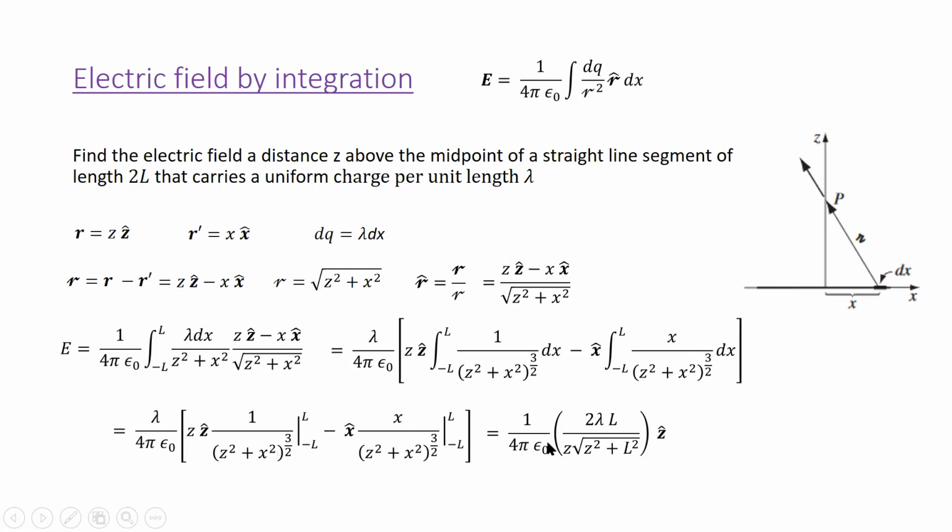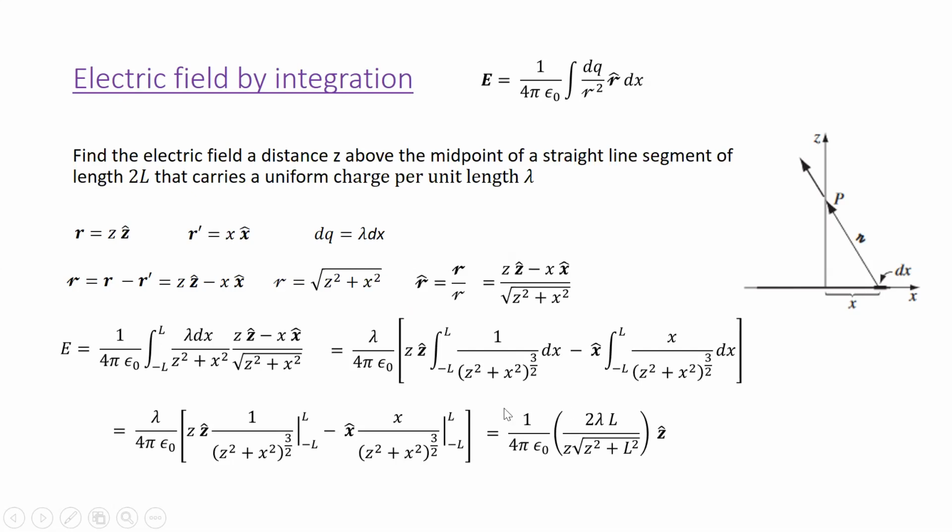Okay? So we're left with, if we simplify this expression a little bit, bring the lambda in, and evaluate from minus L to L, and simplify this expression. I'm not going to go through all the steps.